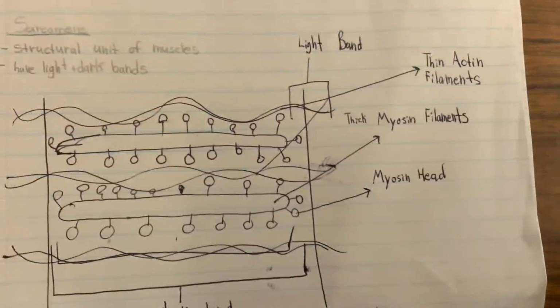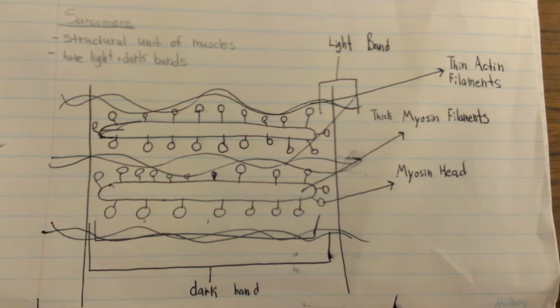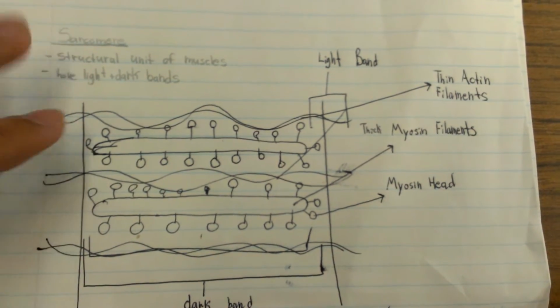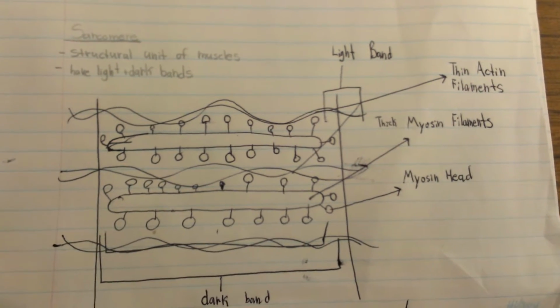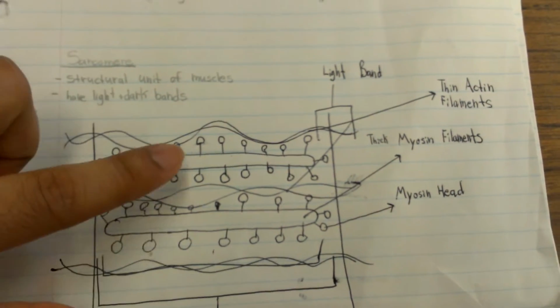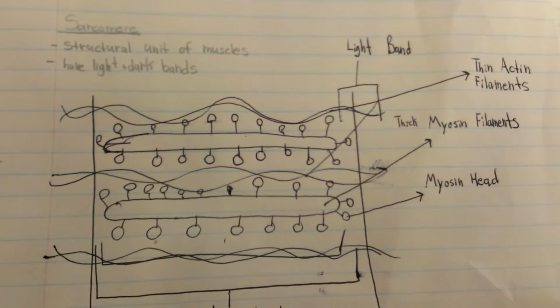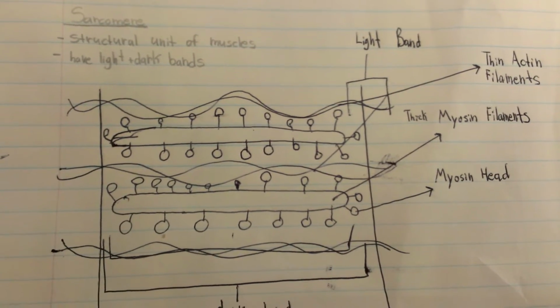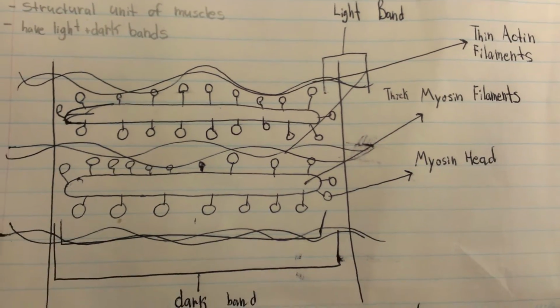Now this is a very, very poor drawing of a sarcomere, but I hope you get the idea. So these little wavy lines at the top are the thin actin filaments. The big thick thing right over here would be the thick myosin filaments. And those little lollipops that look like they're sticking on top of the myosin filament are the myosin heads.